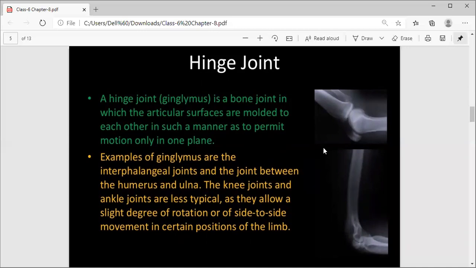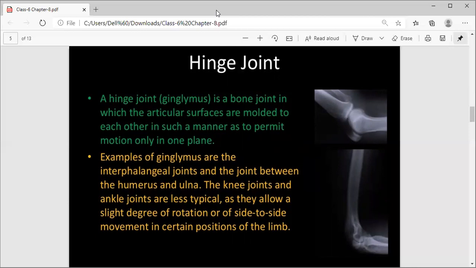So children, in this way, we can differentiate by moving your body parts. You can see for yourself which type of joint it is. I told you that the hinge joint only shows movement in one direction. So just confirm how the hinge joint shows movement in one direction.